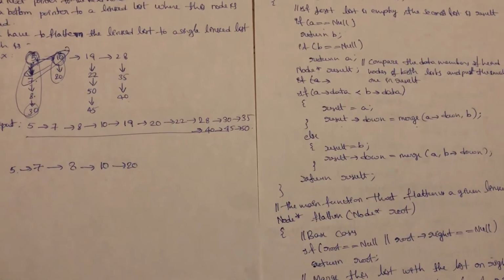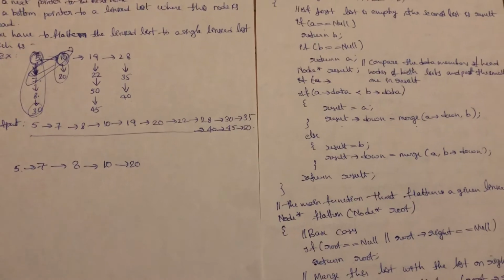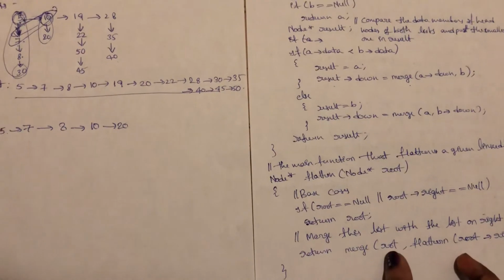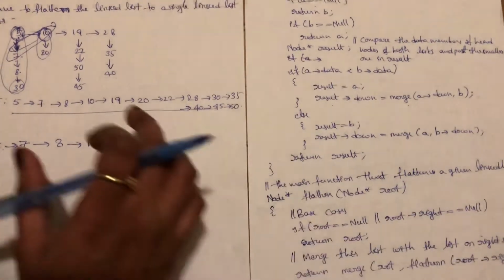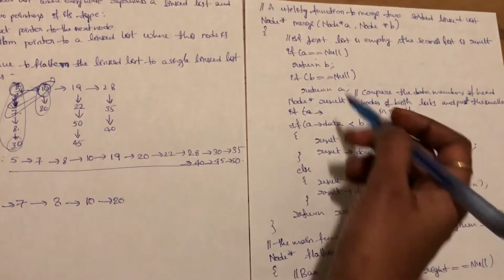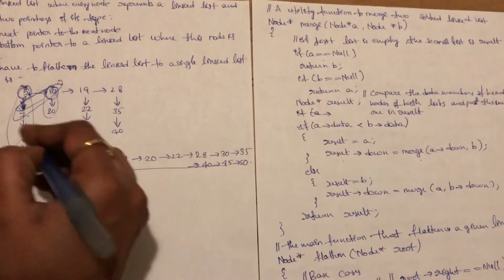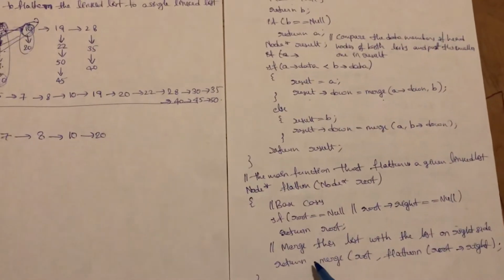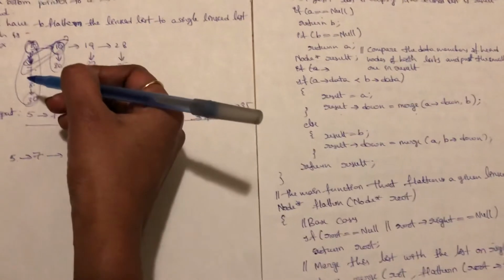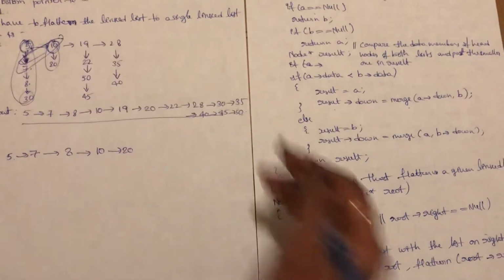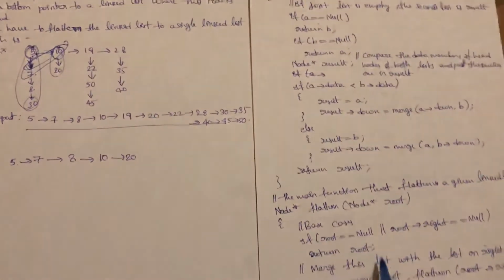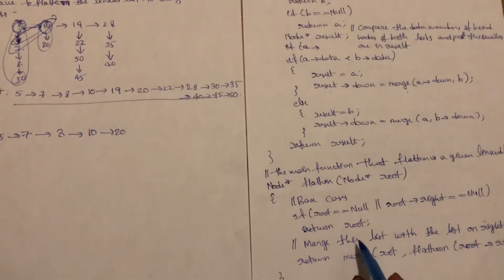It also calls recursively to flatten the linked list, and then the result merges root with the flattened right. The merge method merges two linked lists, and the flatten method calls all the down linked lists to the right. We use this to merge all the linked lists by calling the merge method and the flatten method recursively.